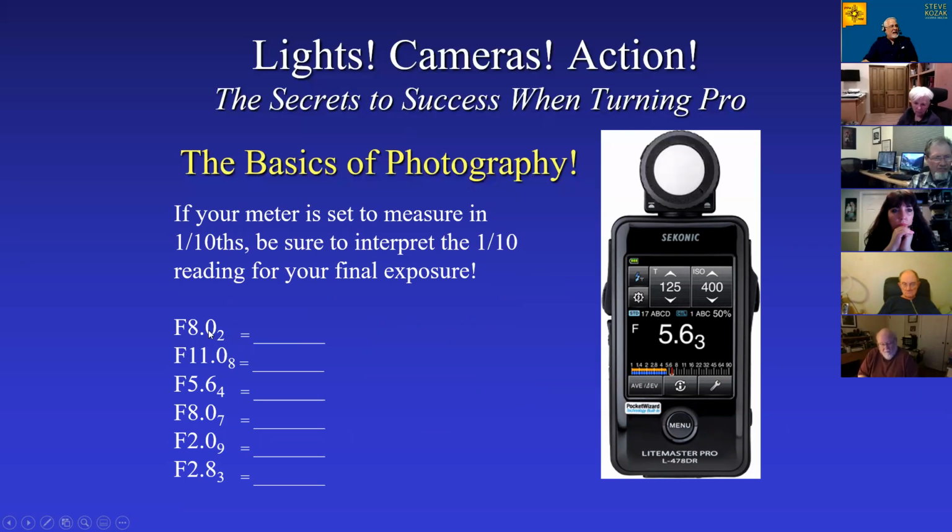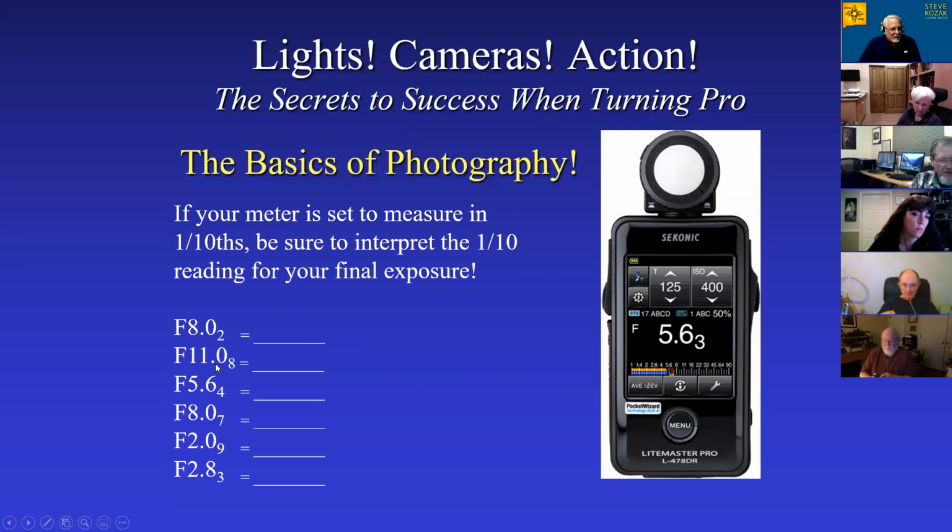If it said f/8.0 and 2/10, I'm just going to set my camera to f/8. I'm good. I'm going to be 2/10 of a stop overexposed, but I don't care. It's not enough to hurt anything. It'll be brilliant and awesome and fantastic.